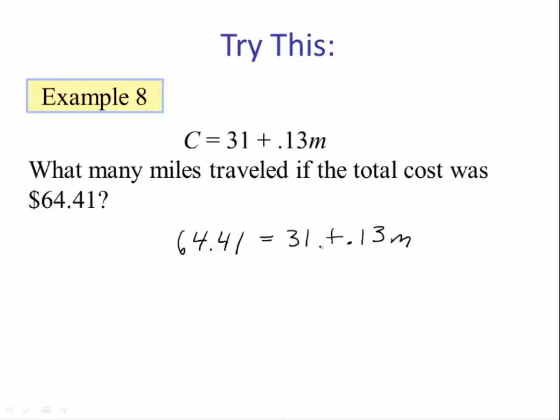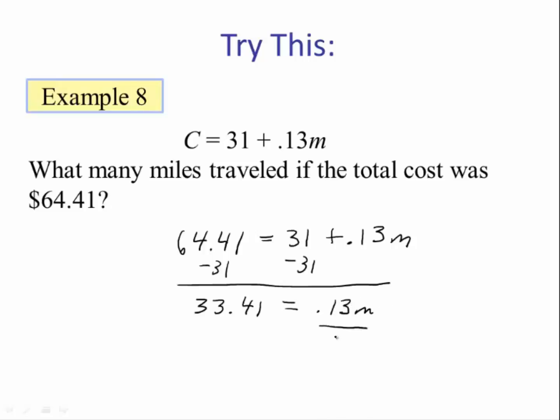Solving for m, we have to subtract 31 from both sides. So we have 33.41 equals 0.13m. To get m by itself, we have to eliminate the 0.13, so we're going to divide by 0.13. So our answer is 257 miles.